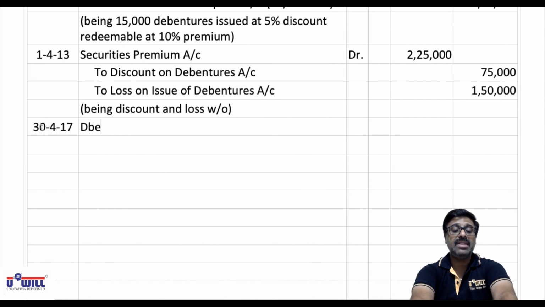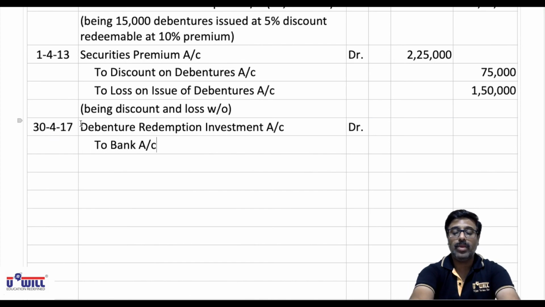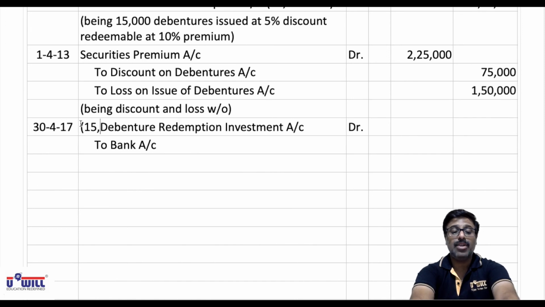So we'll purchase the investments. Investments come in, so debit debenture redemption investment account, and bank is the giver, credit the giver, bank account. What amount will we invest? 15 lakhs is the value of debentures.